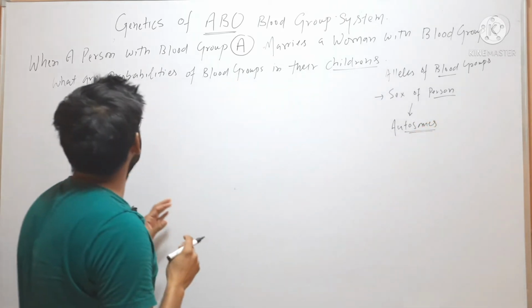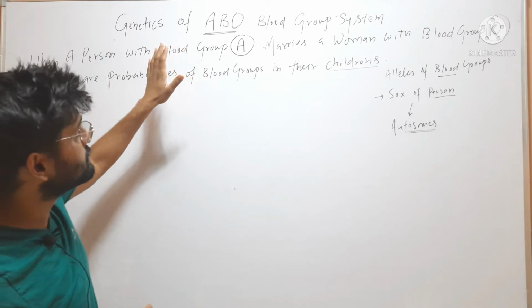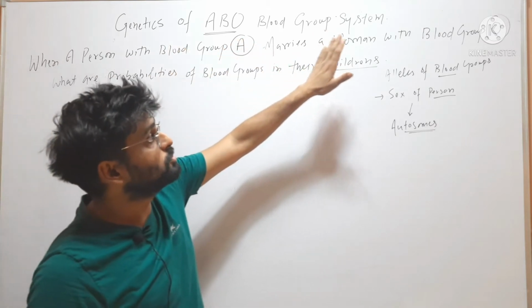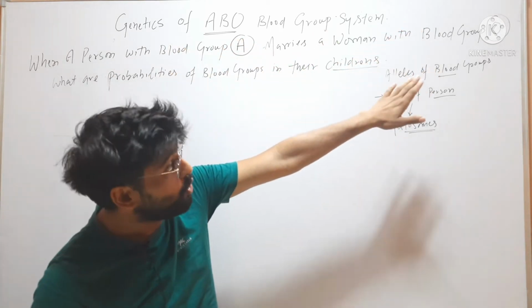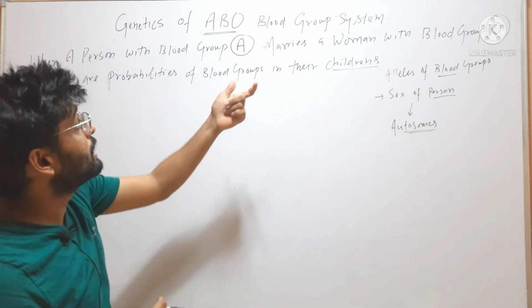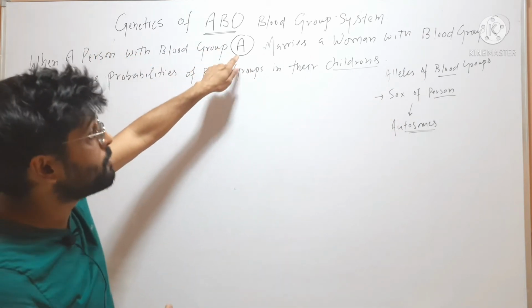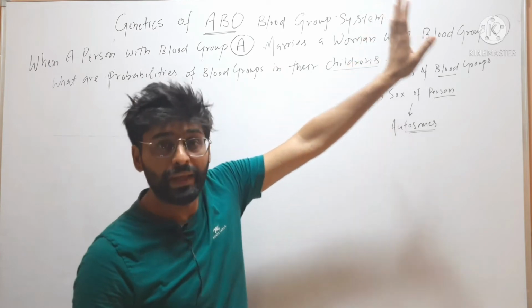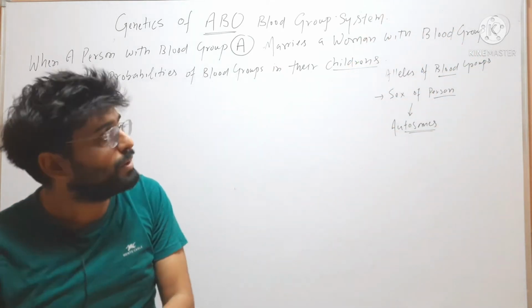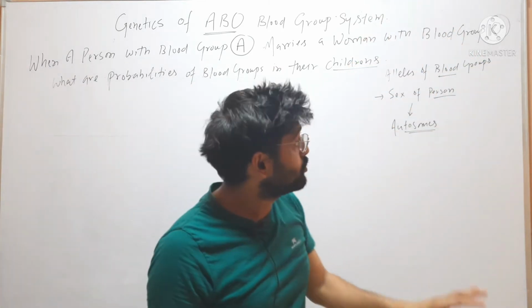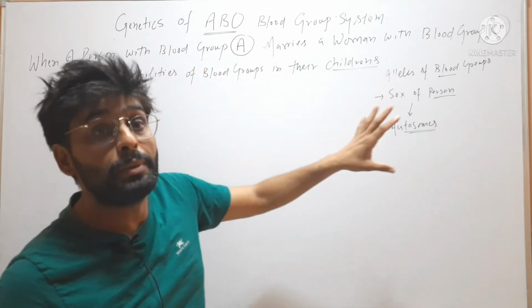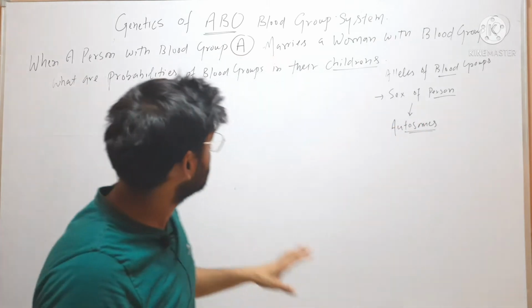So if a person with blood group A marries a woman with blood group O, or vice versa, a person with blood group O marries a woman with blood group A, our probability will be the same. So this probability will not be affected by sex.